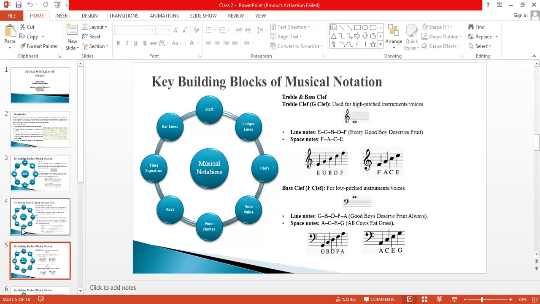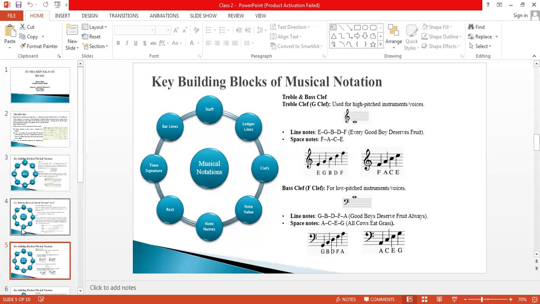So when we talk about the treble and bass clef, these two are the major clefs that are commonly in use, the G and F clef. The treble clef is used for high-pitched instruments or voices.